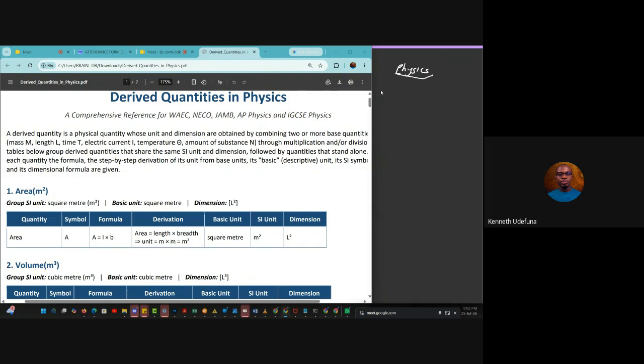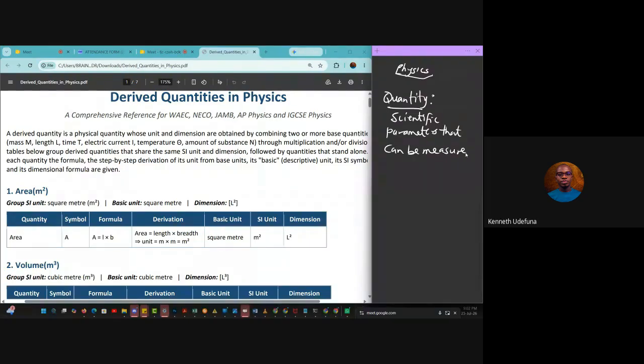We talked about it last time. So those parameters that can be measured is what we call quantity.